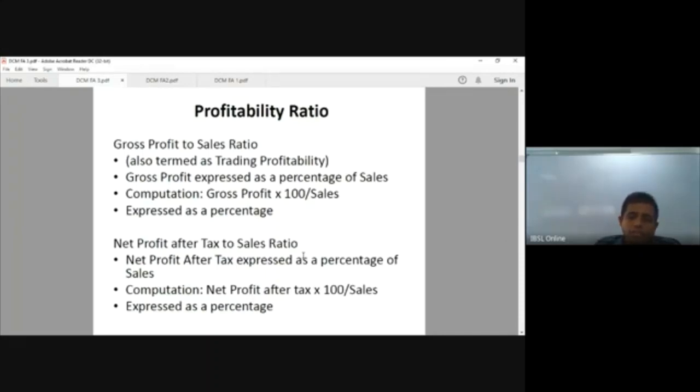It is very unique, identical normally to the industry. If you can find material variations like an increase or decrease in the gross profit ratio, there should be some valid points for that.